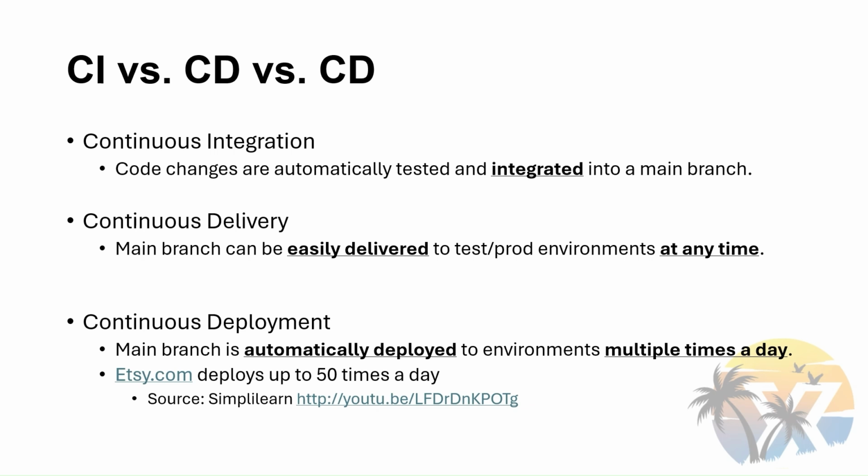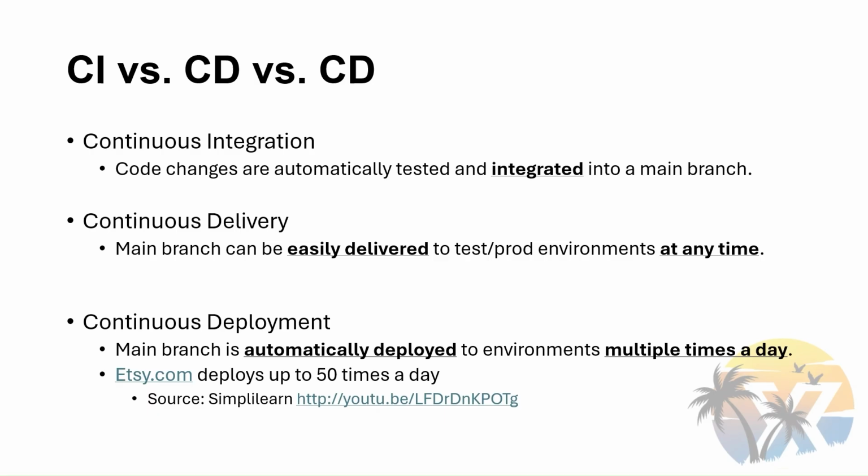That main branch can be delivered to a test environment or a production environment at any time. So continuous delivery means at any moment in time, you could press a button and that main branch gets deployed, gets published, gets accessible either by your QA team or by your end user.